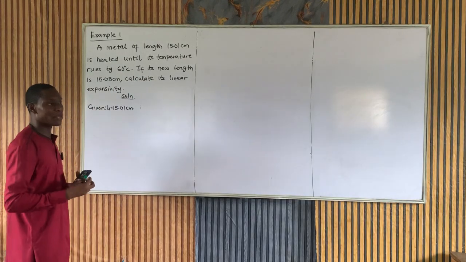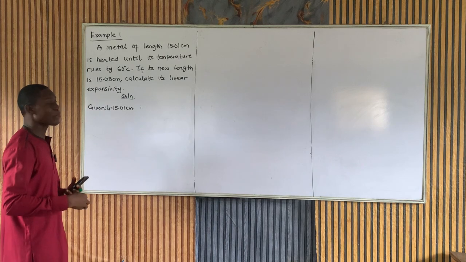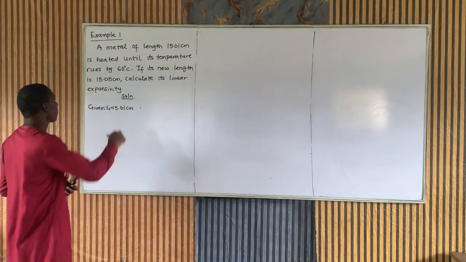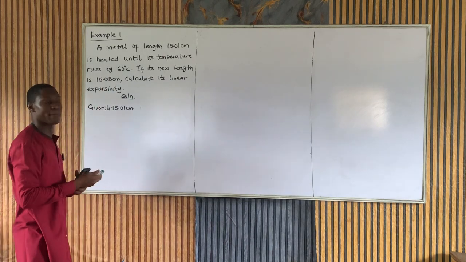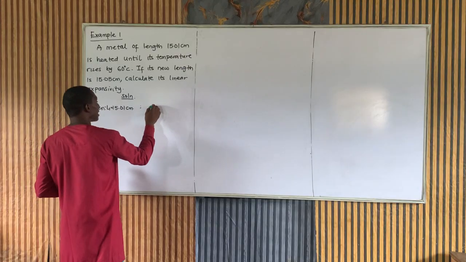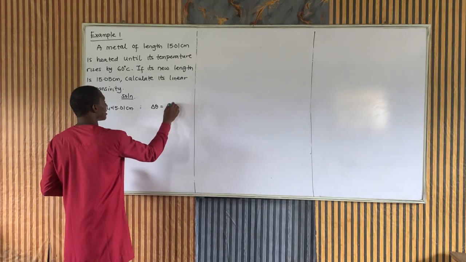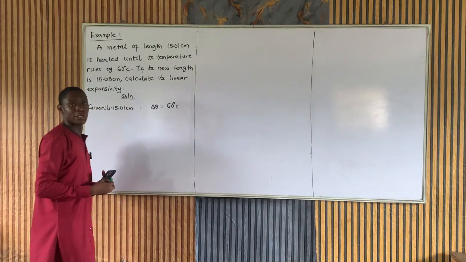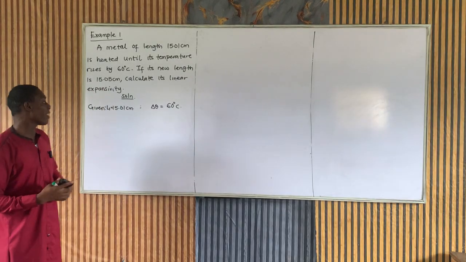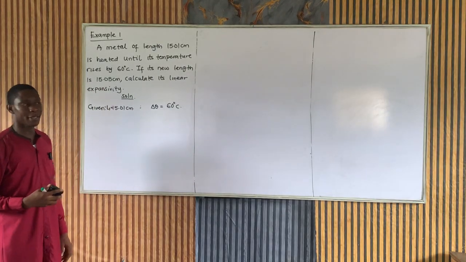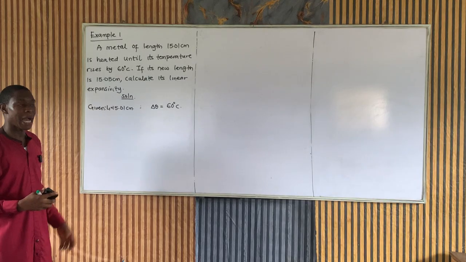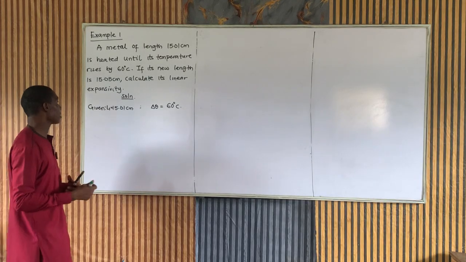Whenever you hear temperature rises by, temperature increases by, the word by shows the increase in temperature. So take note that our change in temperature is 60 degrees C. Another thing you need to note is that you need to convert your temperature to Kelvin, and I will explain that as we proceed.